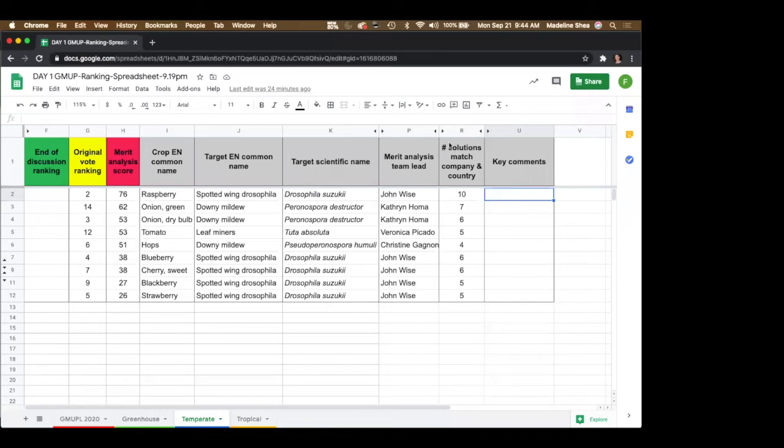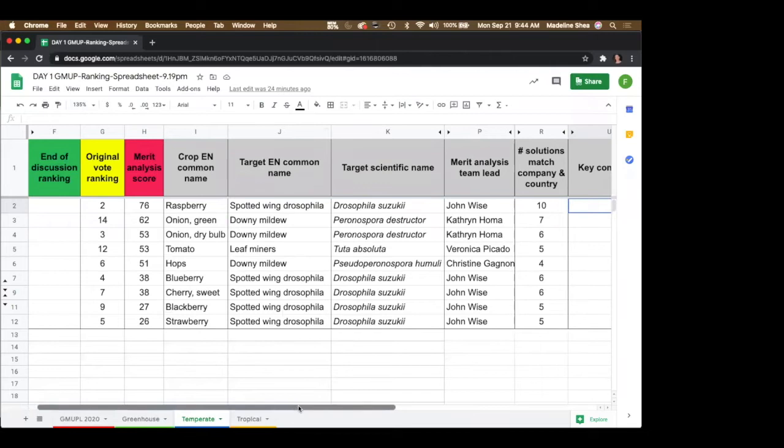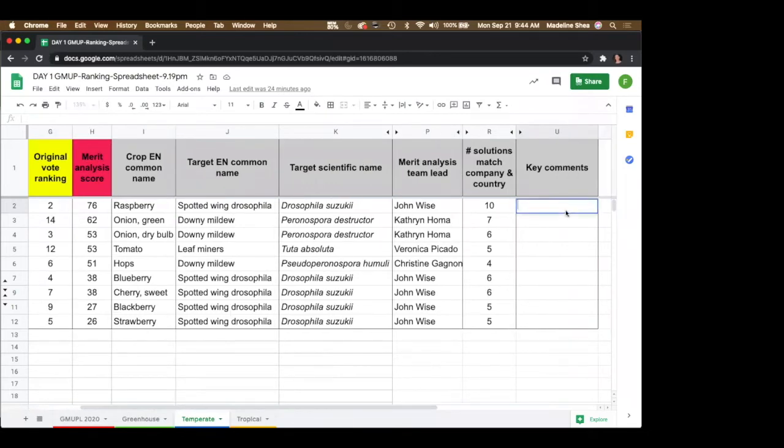This spreadsheet, as we saw previously, lists all of the pest crop analyses that were done, as well as the original ranking that's in the yellow on the far left, and in the red or below the red box is the merit analysis score from the merit teams that we just heard from.